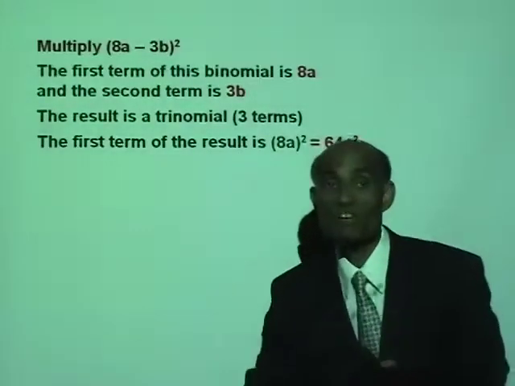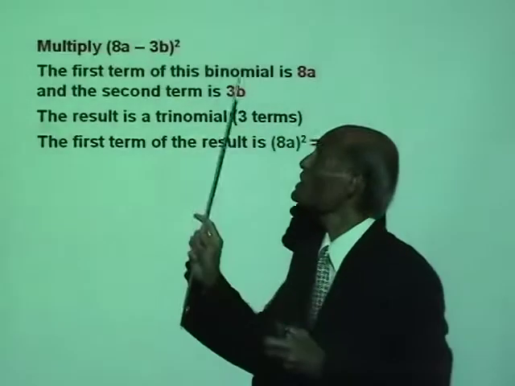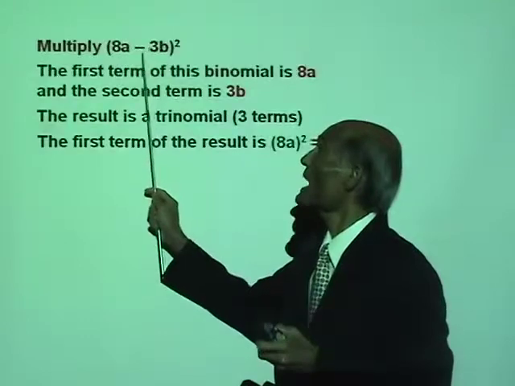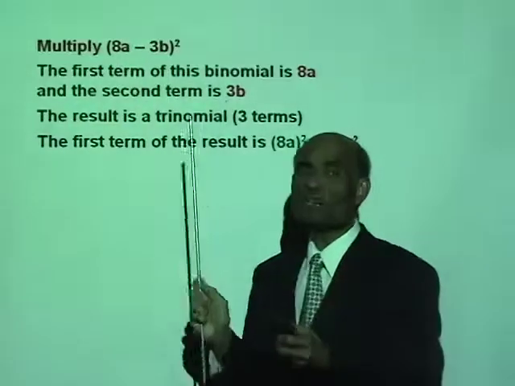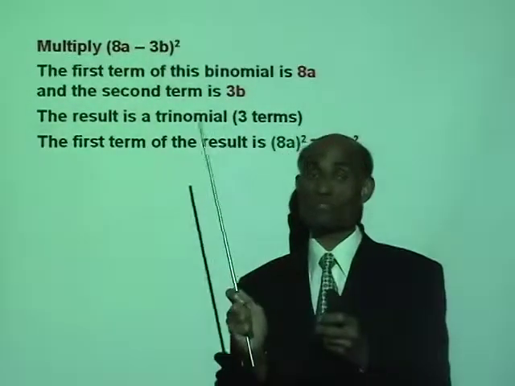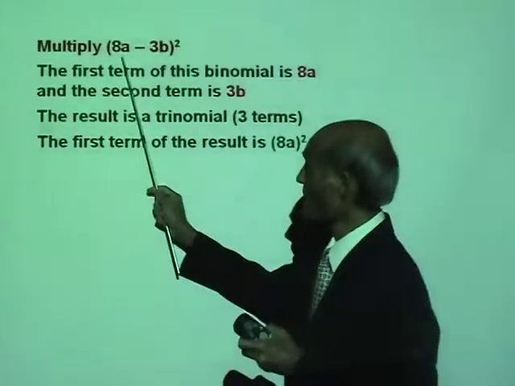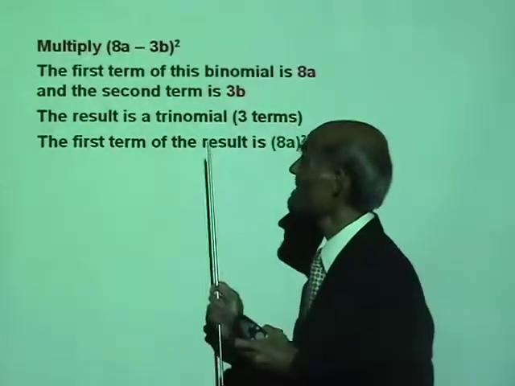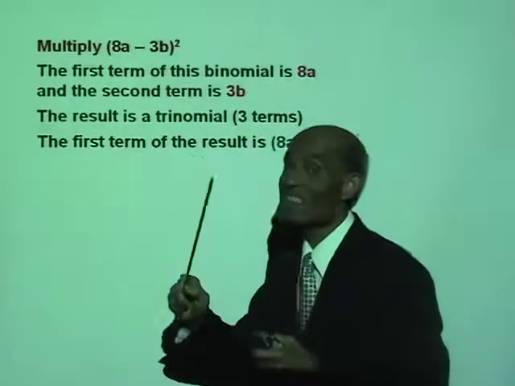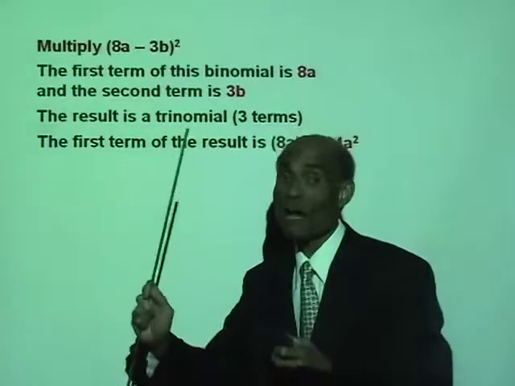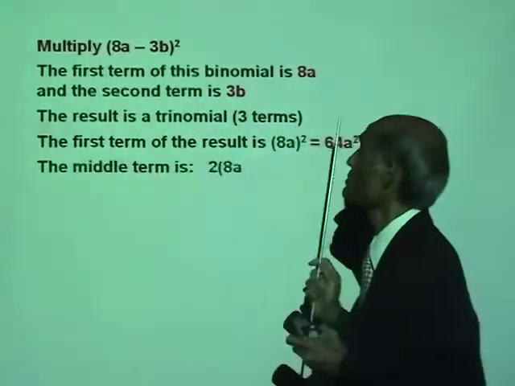What is the second term? For the second term, you multiply 8a by negative 3b. This time, multiply a positive number by a negative number. What do you get? 8a times negative 3b is negative 24ab. And now multiply that with the 2.